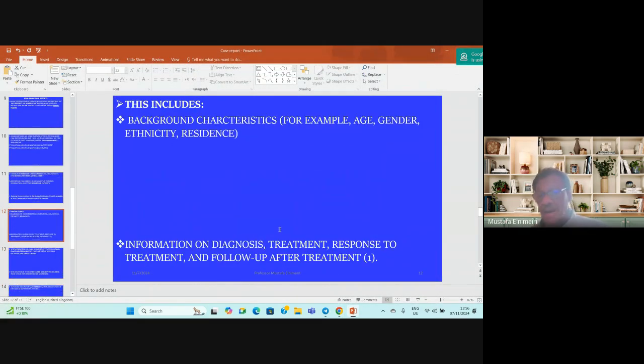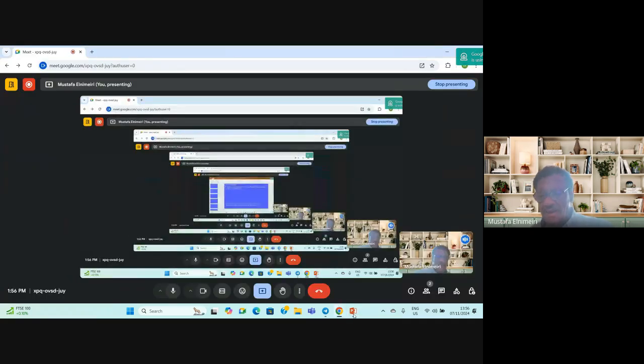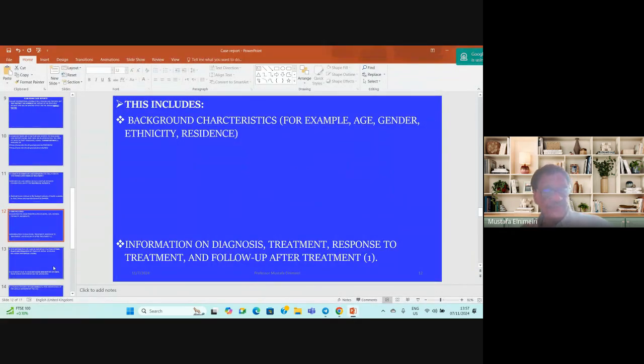These include background characteristics, for example, age, gender, occupation, residence, and other socioeconomic background characteristics. Information about the diagnosis, the treatment, the response to treatment, and follow-up of the treatment and therapeutic outcome, if ever that case received any sort of treatment.